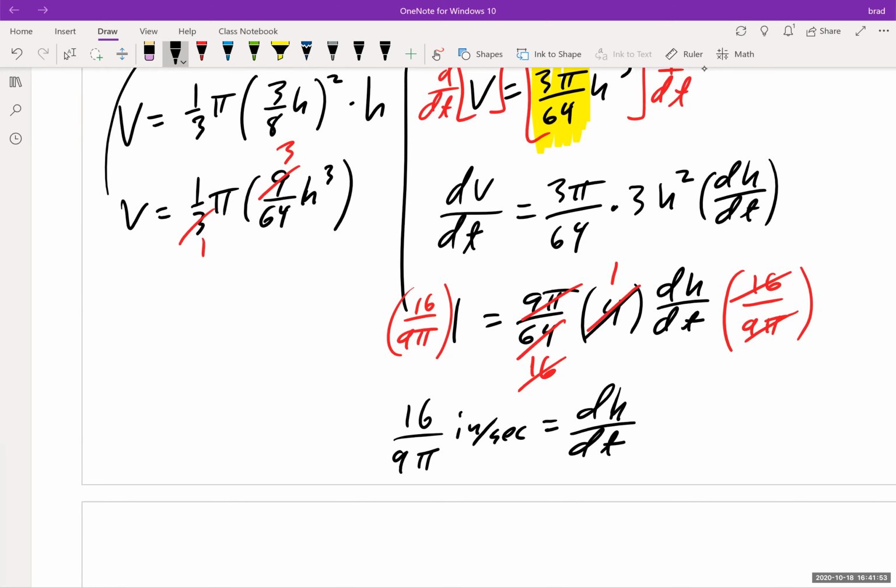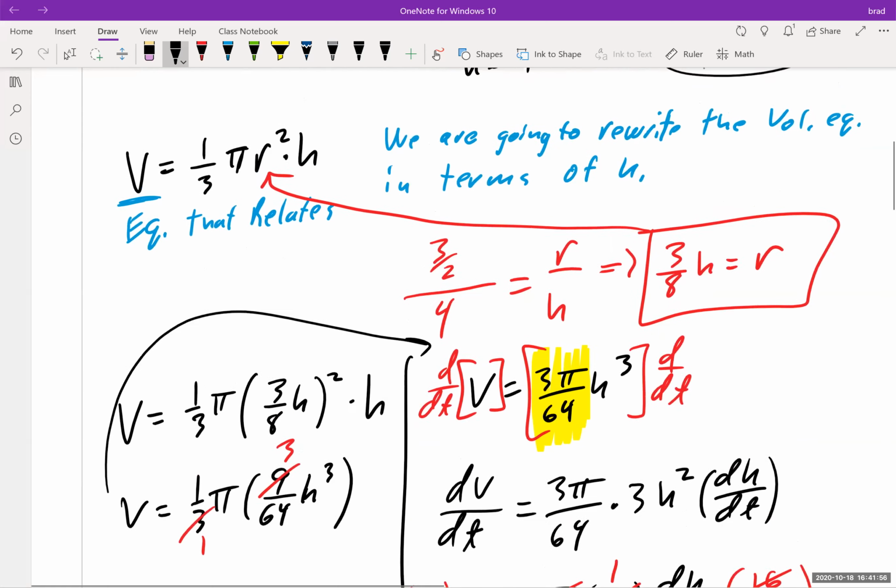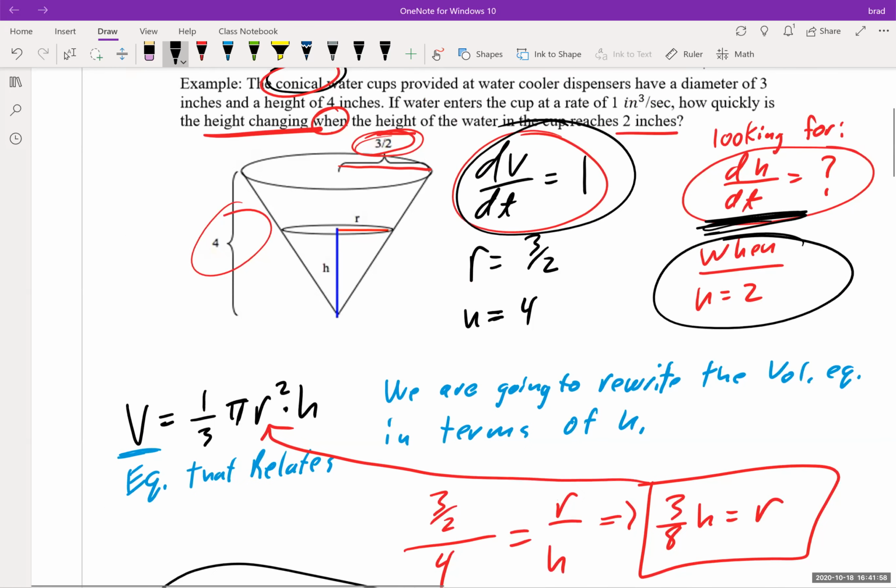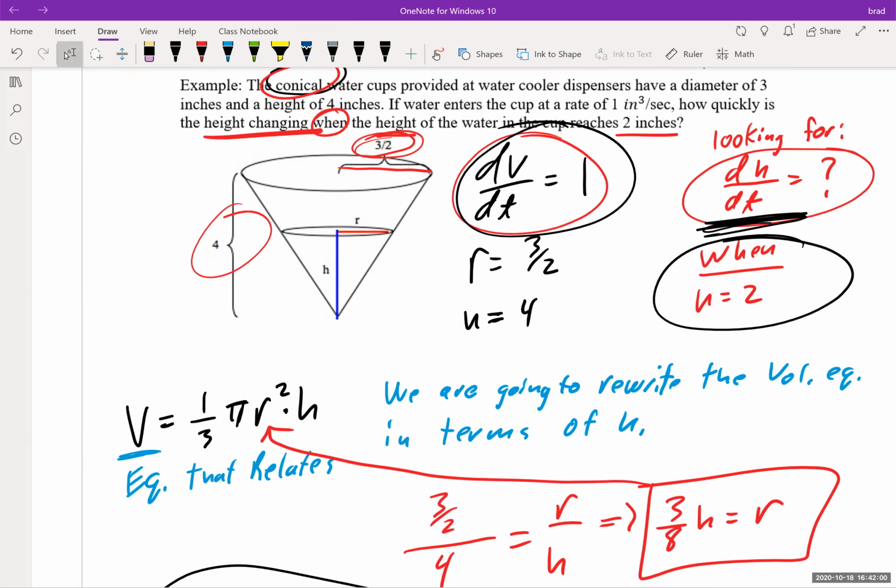Okay. So this is how you can use similar triangles. I've been told by a lot of people that have taken the AP test, they oftentimes will have a problem like this. The key is that you have to know the volume equation because if you don't know that equation off the top of your head, that would be difficult.